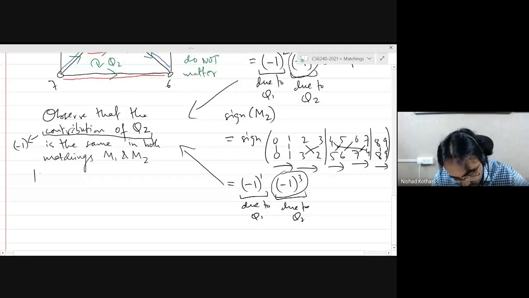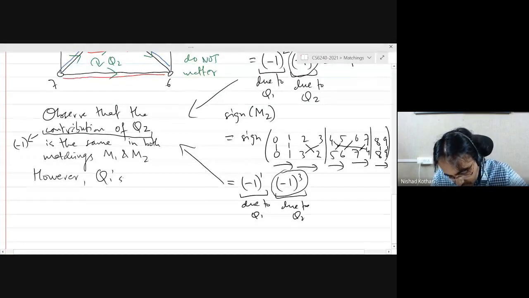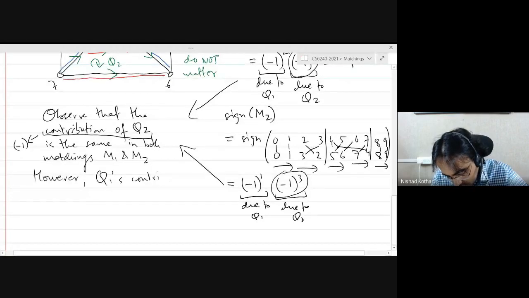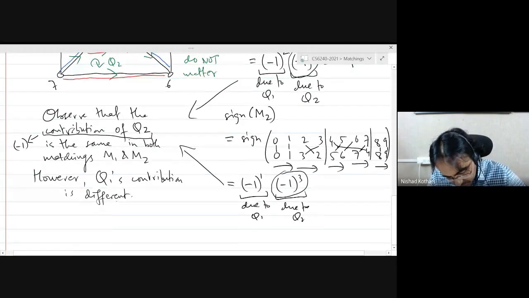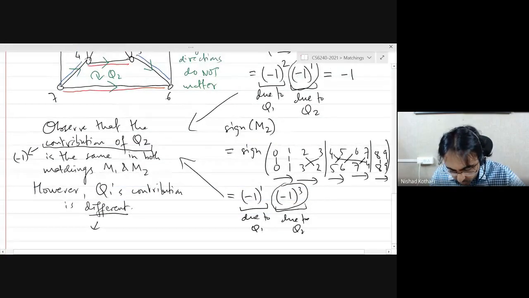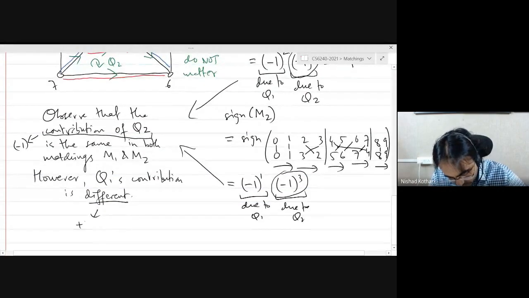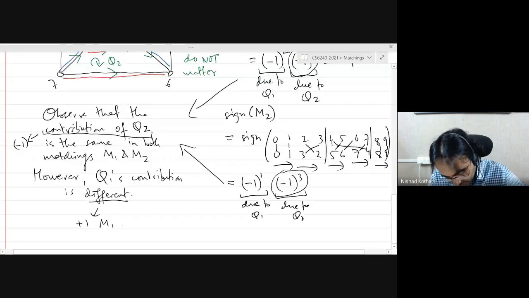However, Q1's contribution is different, right? It's minus 1 to the power 2, which is plus 1 in the case of M1, and it is minus 1 in the case of M2.